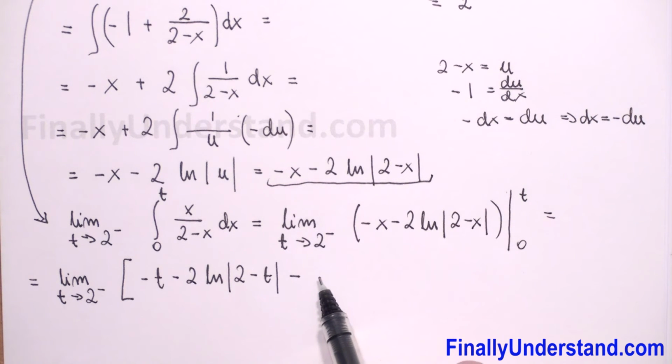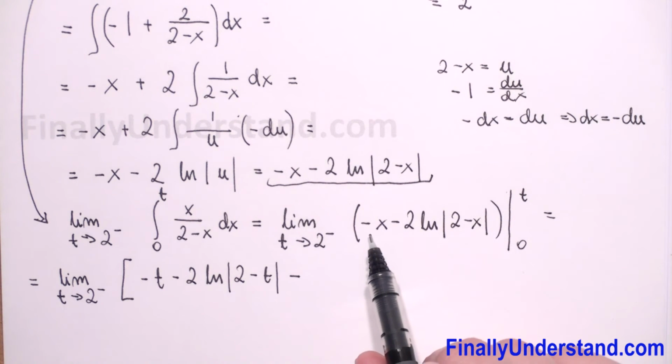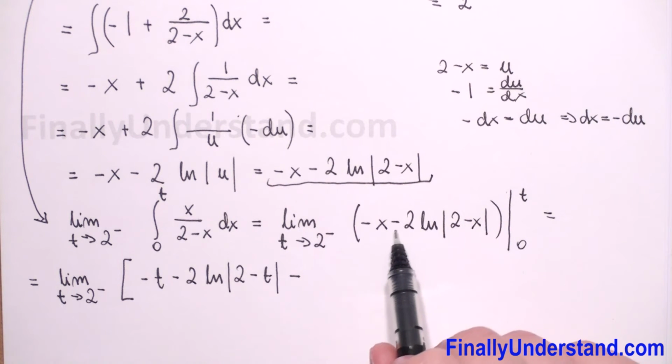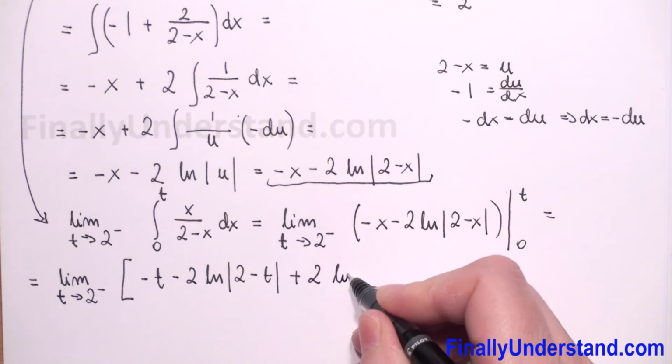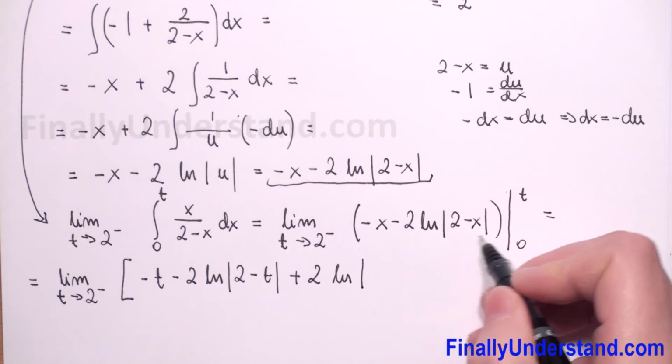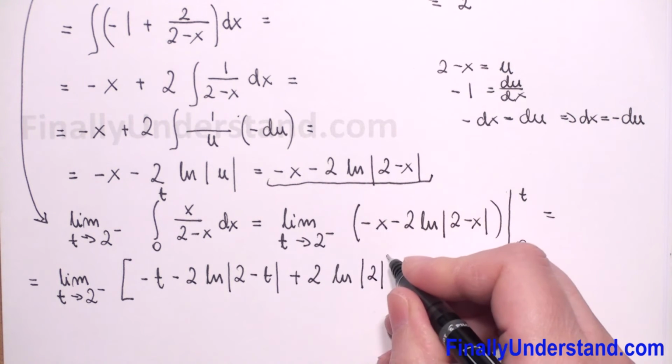We will have negative and negative give positive, and we don't have to put 0, so we will have only positive 2 natural logarithm of the absolute value of 2 minus 0, which is 2.